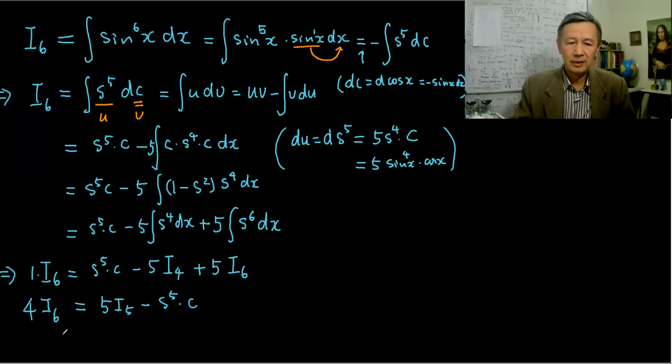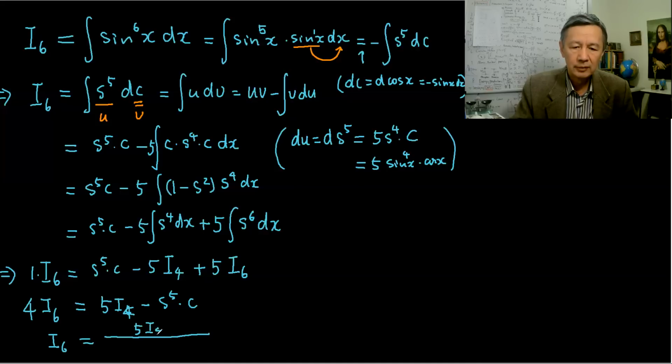Simple. You divide both sides by 4. Hang on, so this is not 5, this is 4, okay. So in this way, we've got I6 equals 5 times I4 minus S to the power 5 times C, divided by 4.